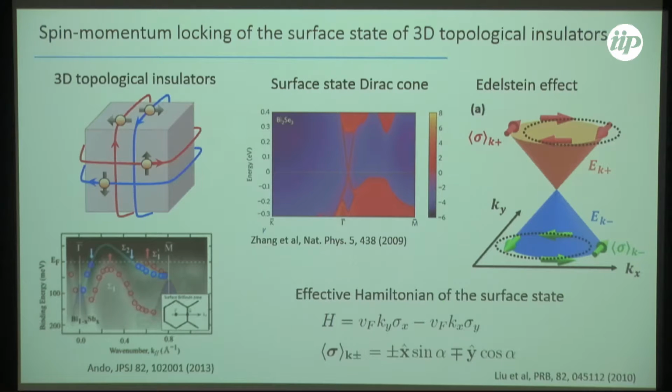It has also been worked out early, in 2010, that the effective Hamiltonian of this surface state looks just like the Rashba spin-orbit coupling, except we don't have the parabolic part. Starting from this, I would like to do a more rigorous calculation of the Edelstein effect.